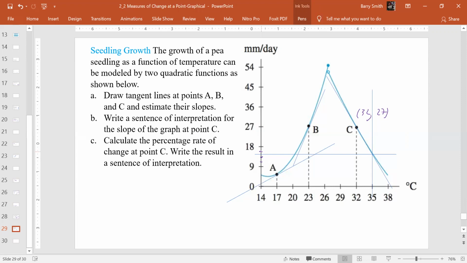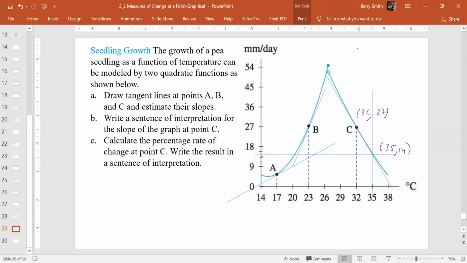So maybe that's about 14. Let's call it 14, just because that's going to make it easier. We won't do anything different. 35, 14. That's what we'll say. Again, these are very, very rough estimates.